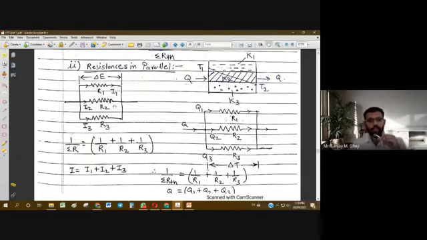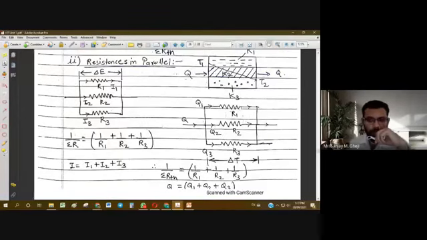Just like different currents flow through different resistances, here different heat flows flow through different resistances. These may or may not be the same, depending on the values of thermal resistances. Then the equivalent thermal resistance of all three is given by 1 upon summation R thermal equal to 1 upon R1 plus 1 upon R2 plus 1 upon R3.